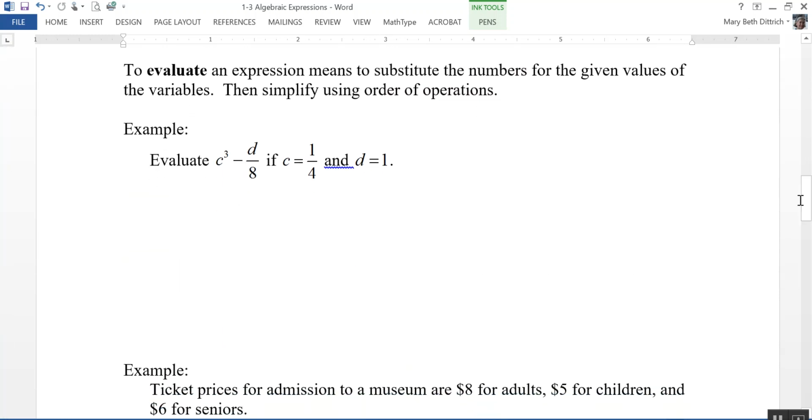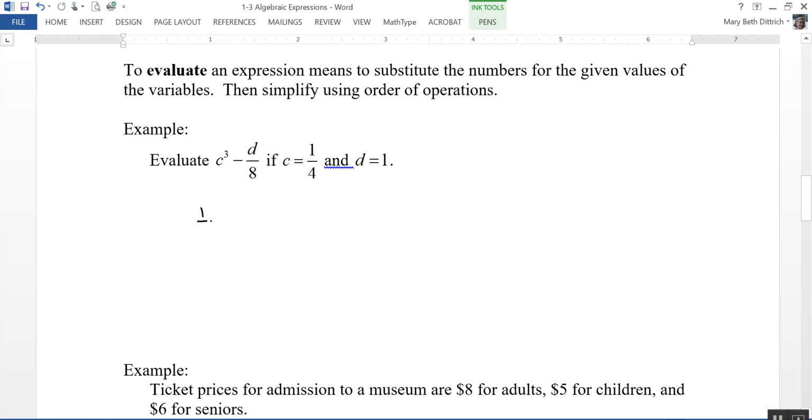To evaluate an expression means to substitute the numbers for the given values of the variables. Then simplify it using order of operations. Here's an example. I need to evaluate c cubed minus d over 8 if c is 1/4 and d is equal to 1. My first step is to substitute in those values.